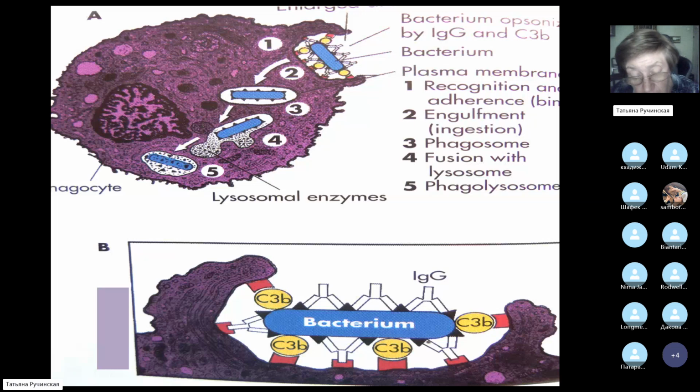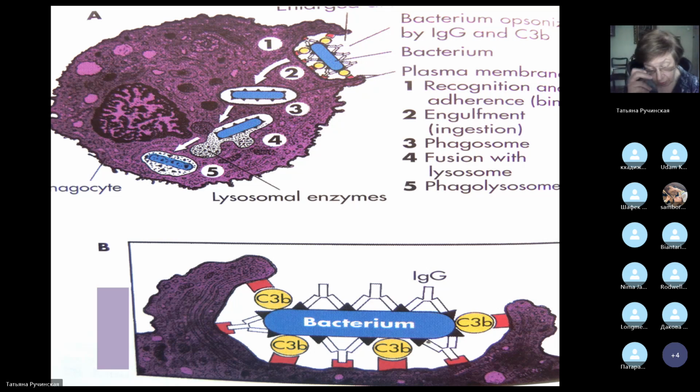And you see, I told you that there must be opsonization. You know that there are two types of opsonins. At first, the role of opsonin is played by immunoglobulins G and M. And another opsonin is a fragment of complement, C3b.